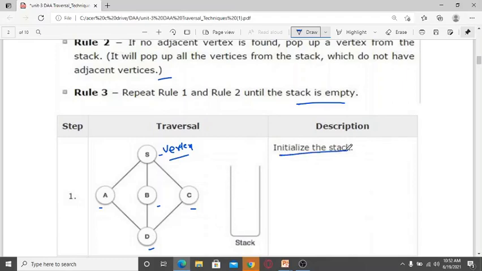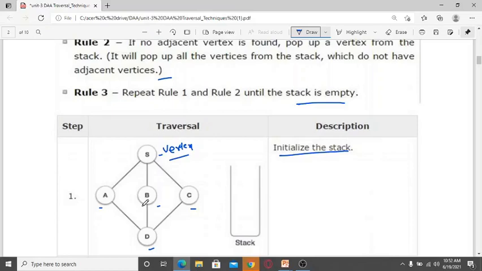First, initialize the stack. And before starting, you must know why we are doing this. Because in this graph, we need to find the cycle, and we need to know whether all vertices present in the graph are visited or not.